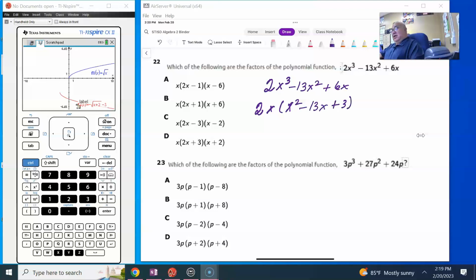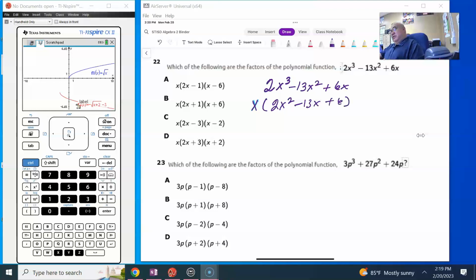Oh, in this case we can't. They don't have the greatest, wait, they have x as a common factor. I take that back. They have x as a common factor. So you're left with 2x squared minus 13x plus 6.